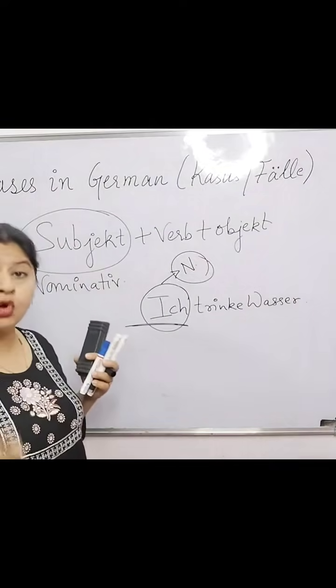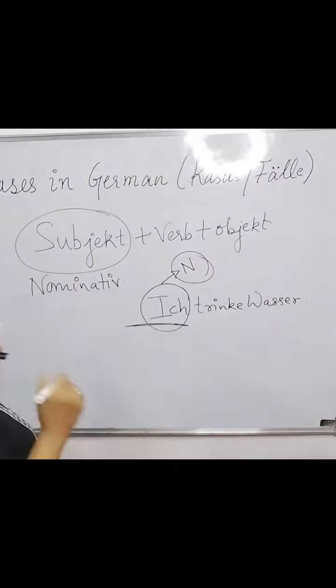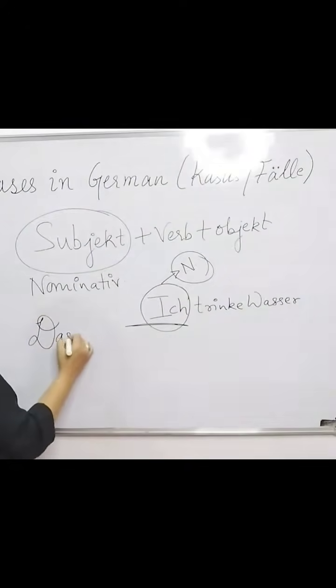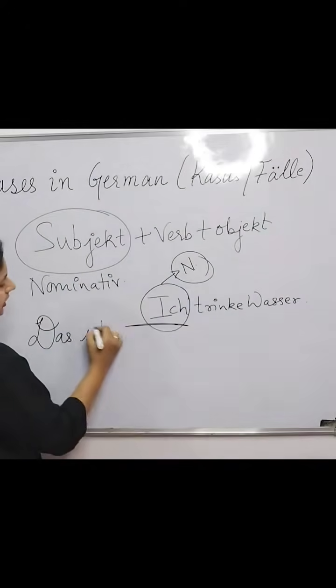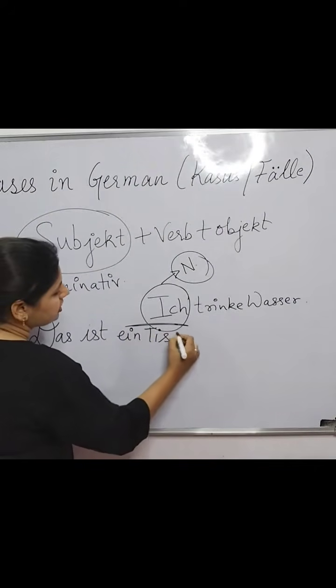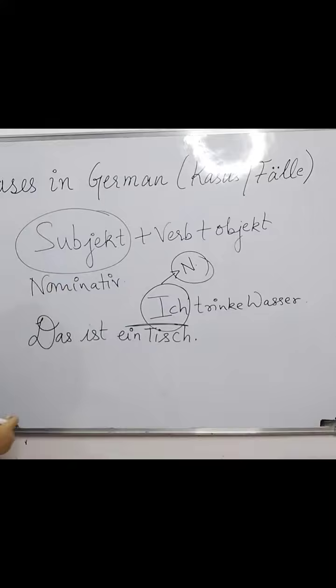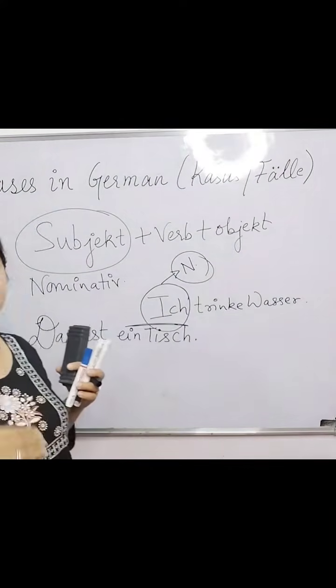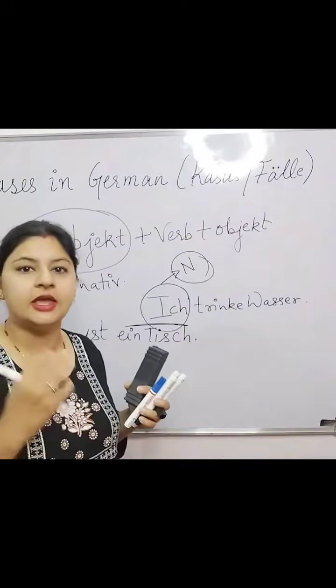One more criterion is there. For example, I say das ist ein Tisch. This is a table.